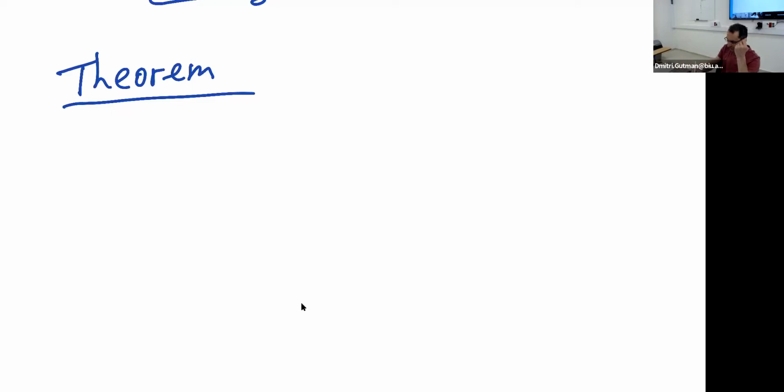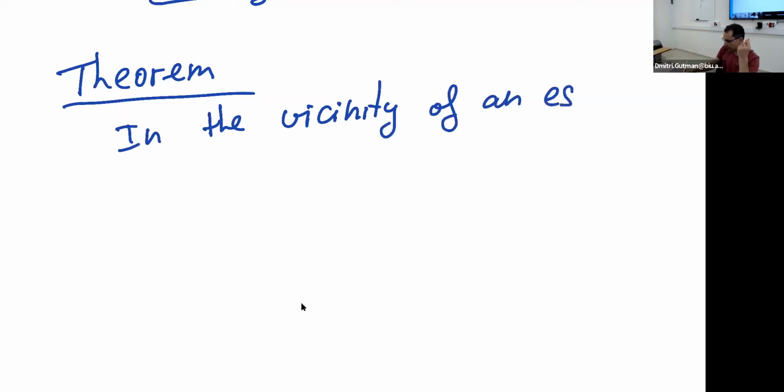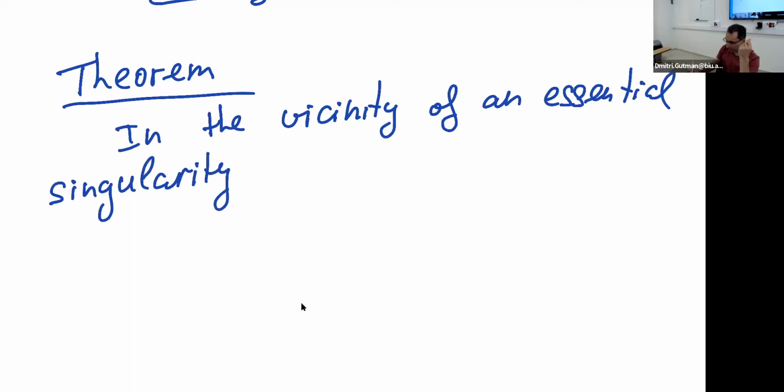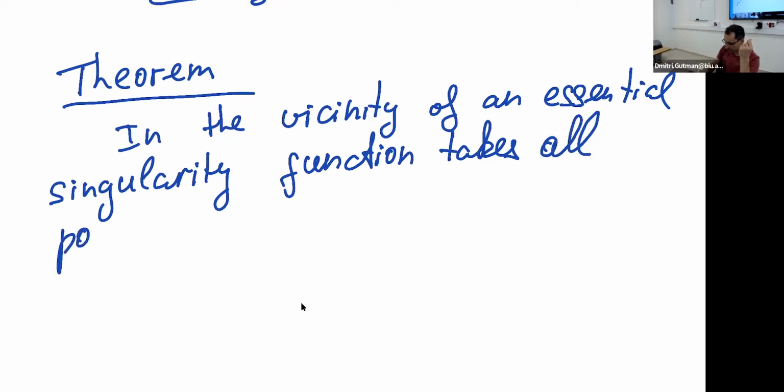So what it says is that in the vicinity of an essential singularity, the function takes all possible values.